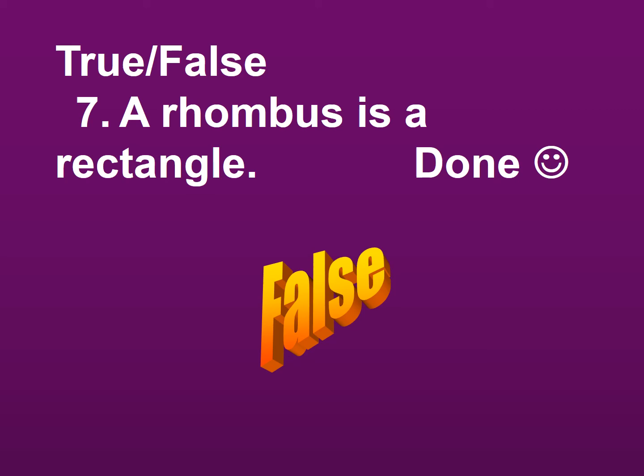Every rhombus can be a rectangle, but sometimes it's not. Sometimes a rhombus is just a parallelogram. And then it shows that every square is a rhombus and a rectangle. So it's a very neat little Venn diagram. You should check it out and then go try some problems.